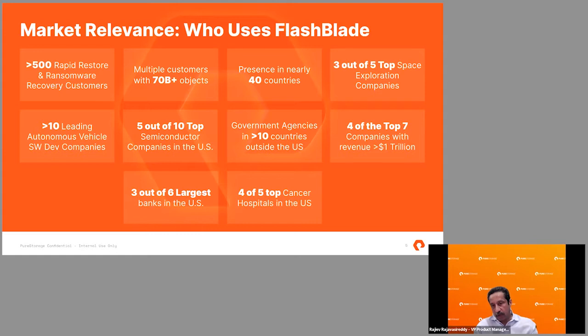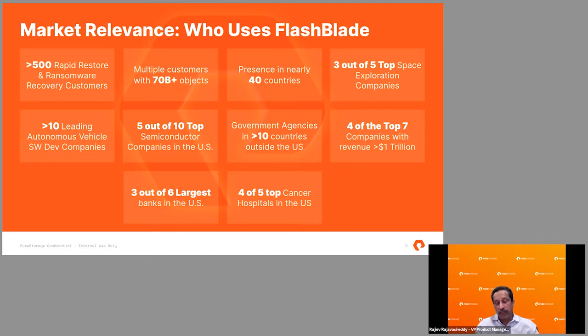When we talk about semiconductors, autonomous vehicles, even banks, they're not deploying this only for data protection. For example, banks use FlashBlade in quant analysis, autonomous vehicle companies use us for software development, and Matt already mentioned PACS. We are also deployed in genomics for sequencing.